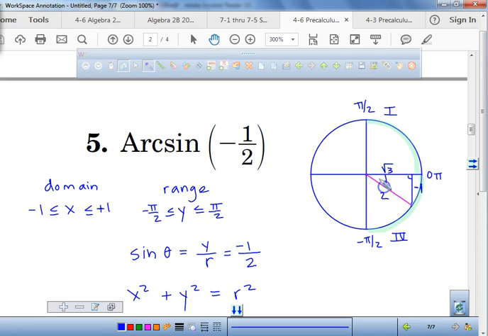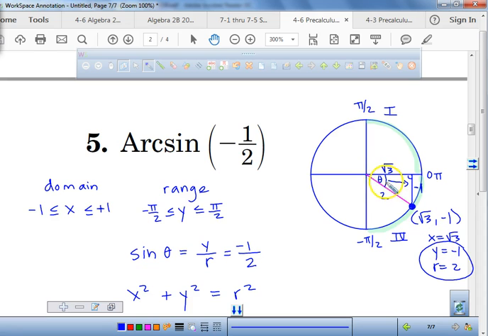And if this right here, everybody, is theta, sine represents my y value in comparison to my r value. What's the ordered pair that goes here? The ordered pair is radical 3, negative 1. My x is radical 3. My y is negative 1. My r value is 2. What did we compare? We said our y value was negative 1 to 2.